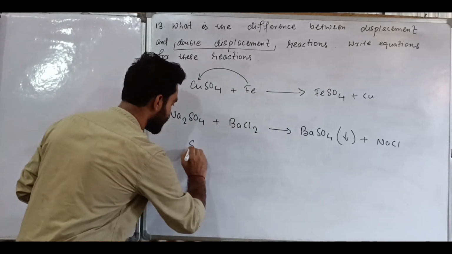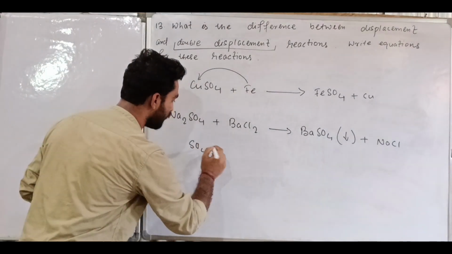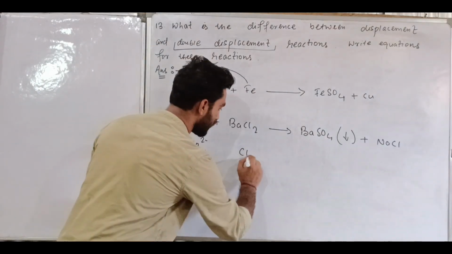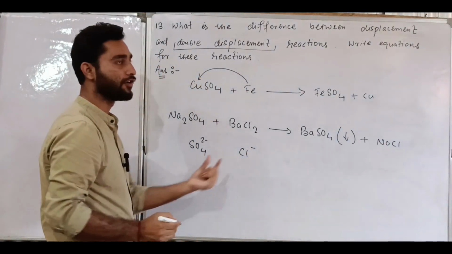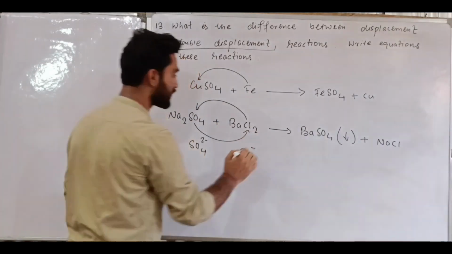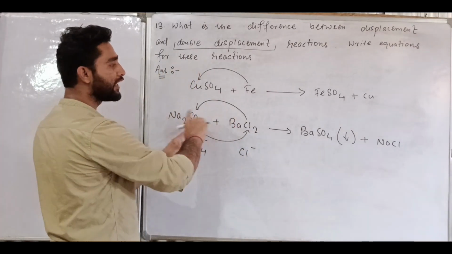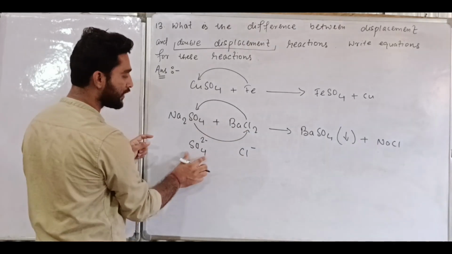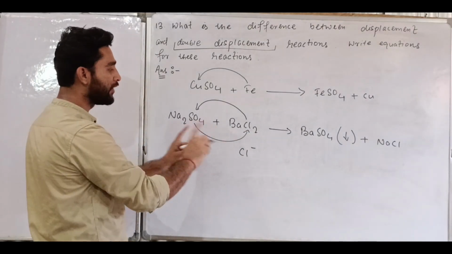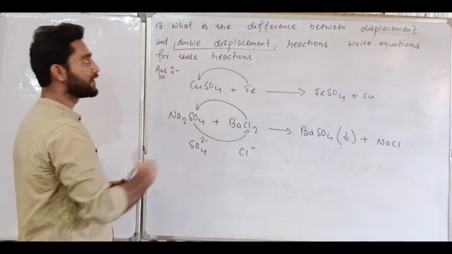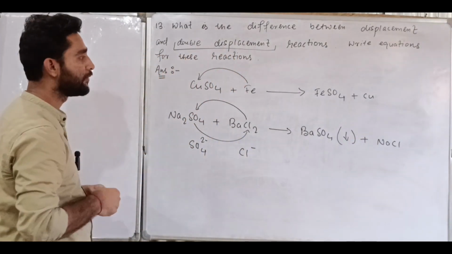So in this case, SO4 means sulfate is the ion and chlorine is the ion. So these ions, chlorine ion and sulfate ion, will switch their places and form two new products. So this is the difference between displacement and double displacement reaction.